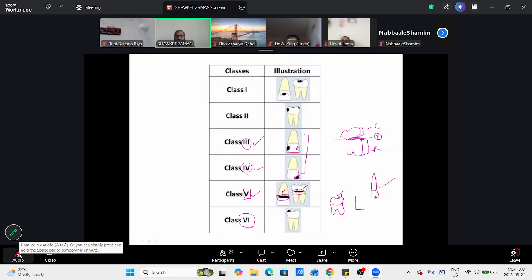This is very important for everybody to memorize about the location of the caries and what we call them. We call them the cavity classifications.